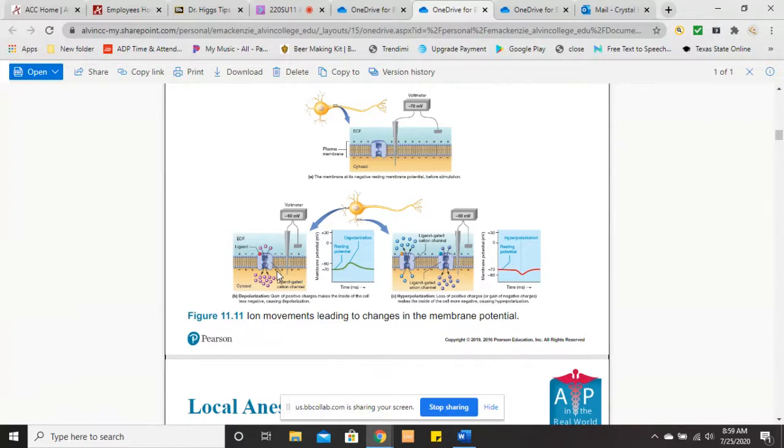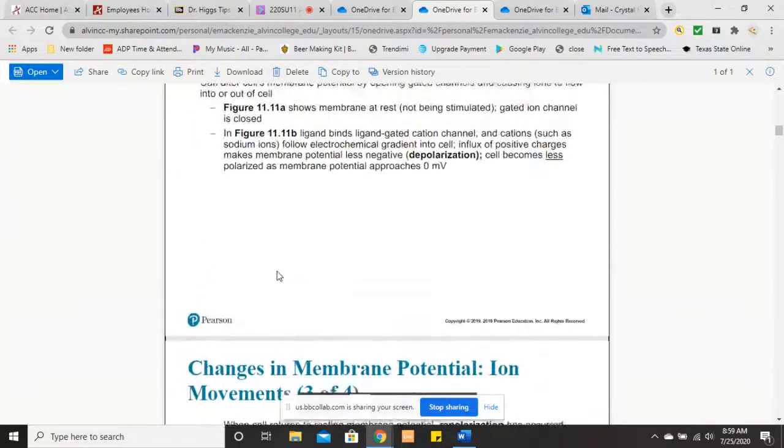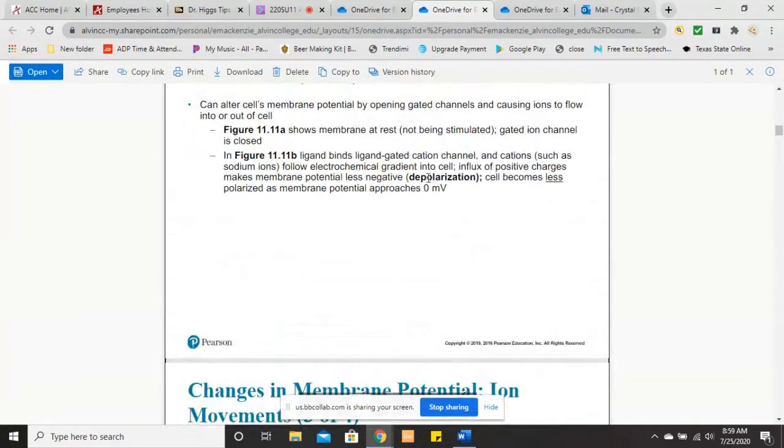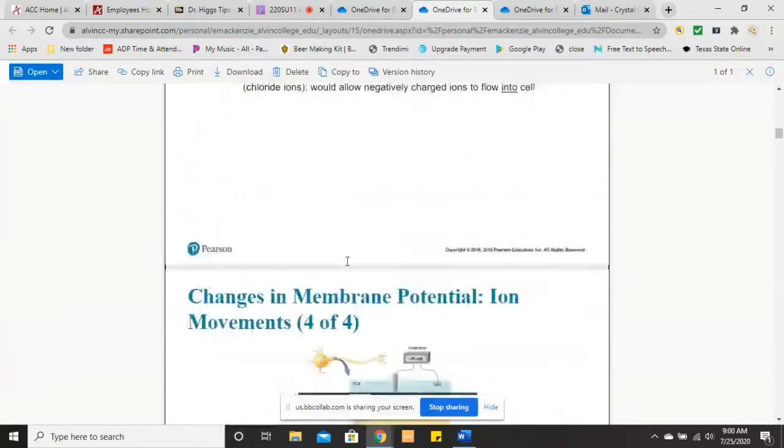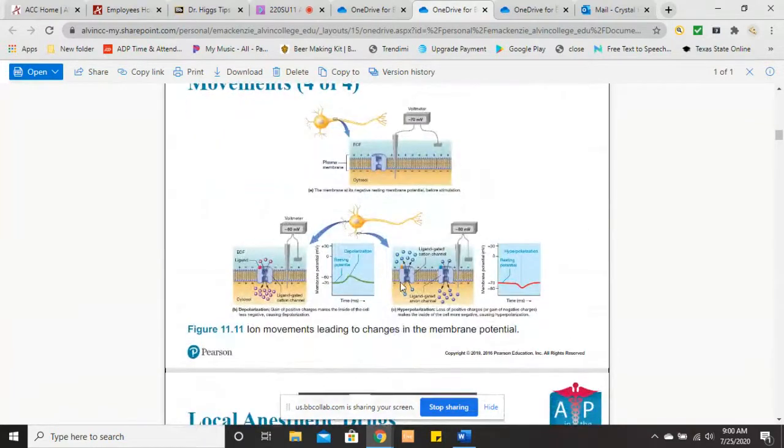We call that depolarization. Depolarization is when you become more positive on the inside, or less negative is another way of saying it. But then as soon as you depolarize, you actually got to go back to being negative again. You got to go back to having these poles on either side of the membrane, where you're positive on one end and negative on another end.